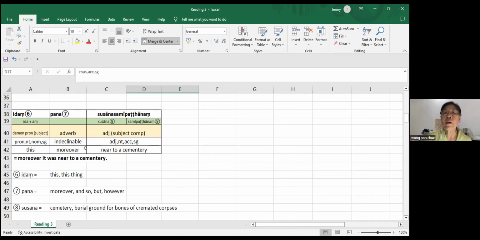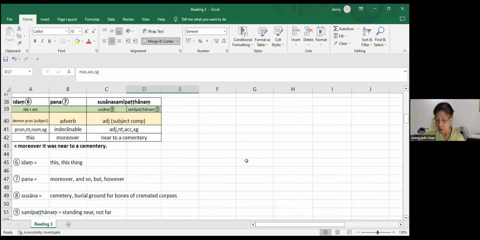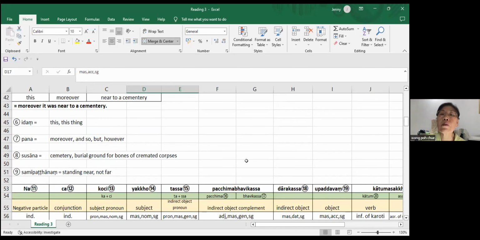The word Sami Patanang complements Susana, the cemetery, whereas the whole word Susana Sami Patanang complements Idang or Rajagaha. So the whole sentence is Rajagaha indeed by nature had many non-humans, and moreover this place is near to a cemetery. So that is for the first sentence.